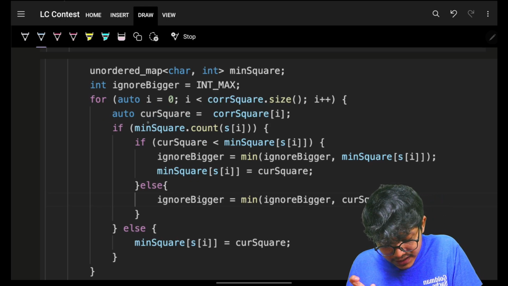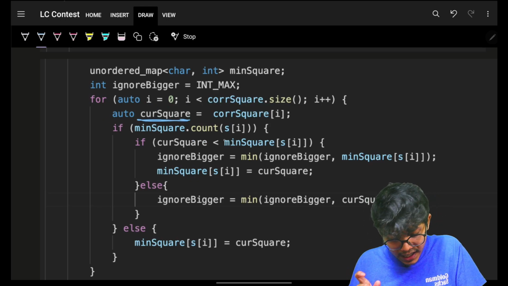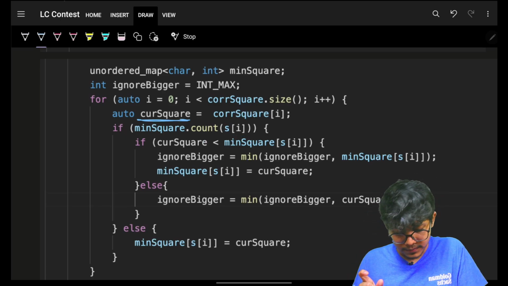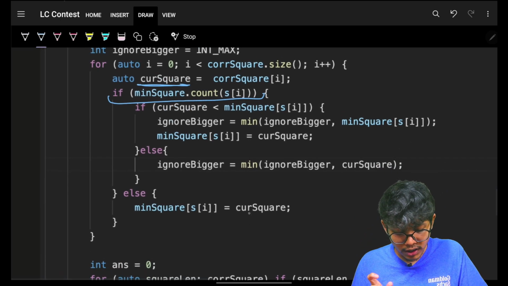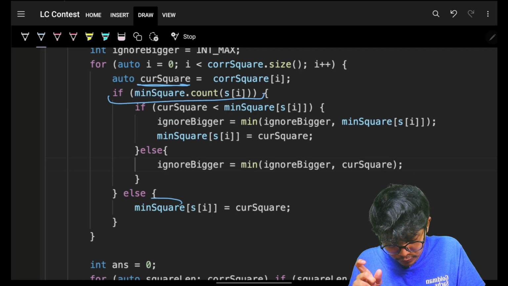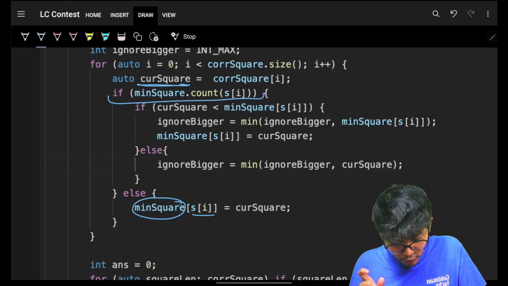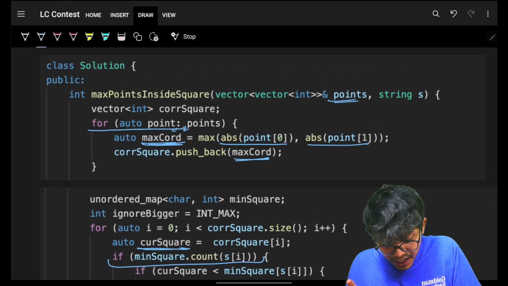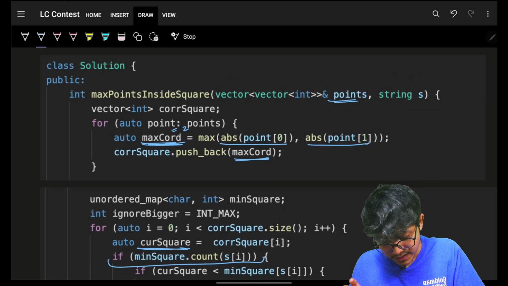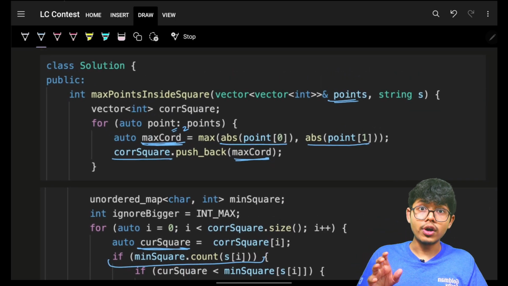Now at this current square, I will check, okay, have I found this square earlier? If not, then simply say for this minimum square, for this specific character, as you can see, I went on to all the points and then I got all these coordinates.